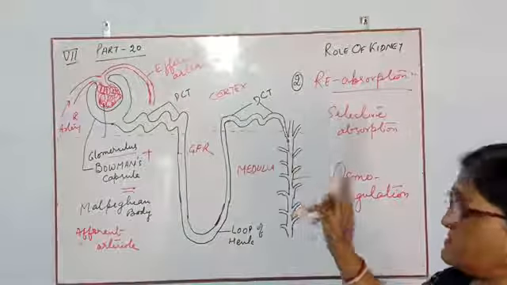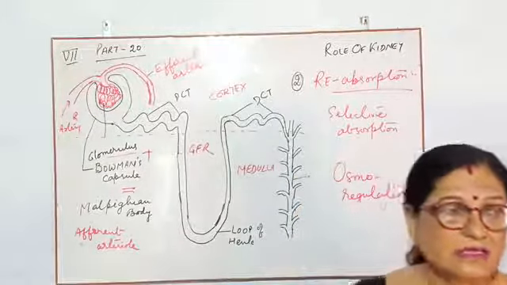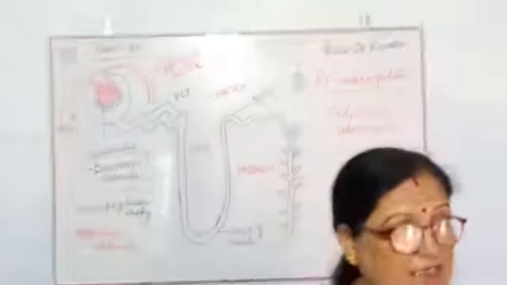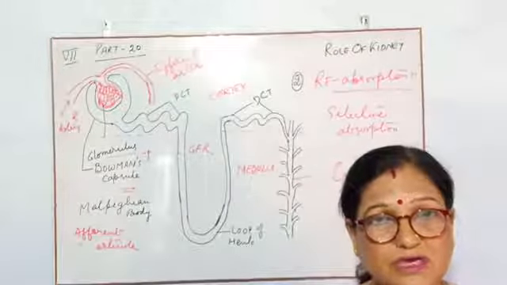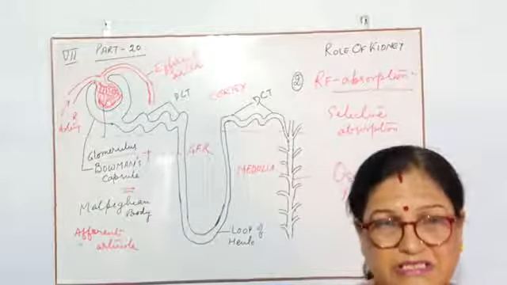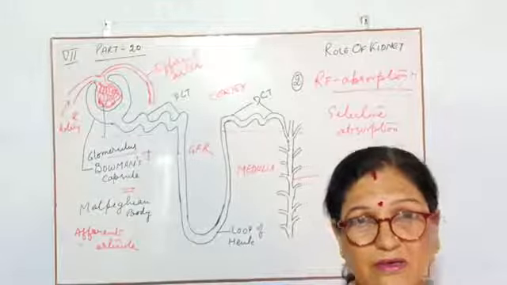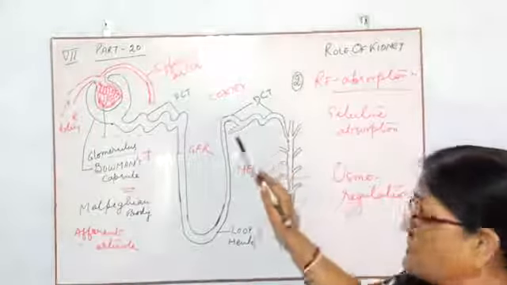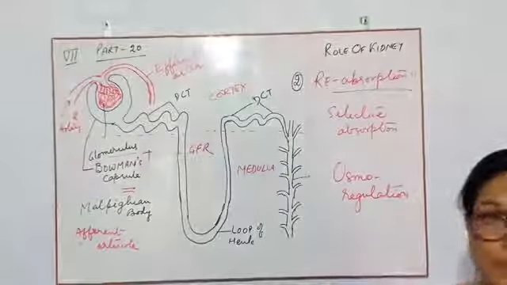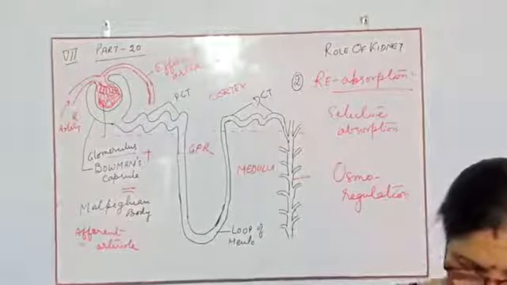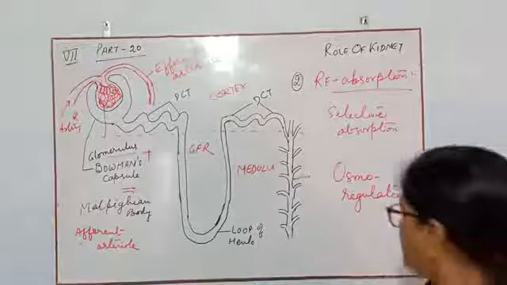Then in the DCT, suppose I give you one example: after finishing your cooking, some materials are added to garnish it. So until the urine is formed properly, here in the DCT, the third step is secretion.